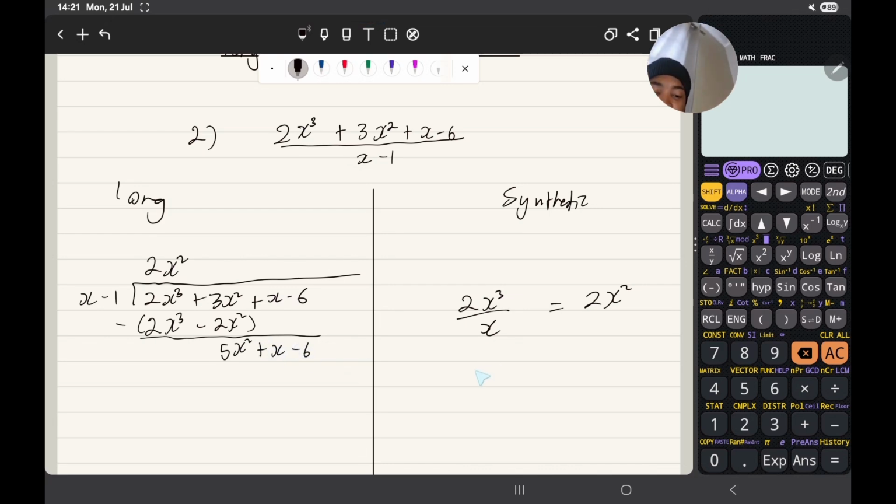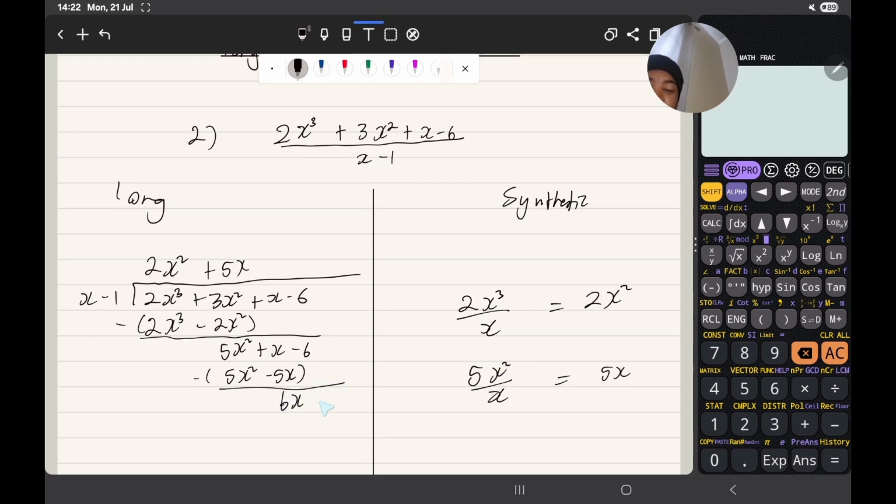And then we go again, 5x squared over x. What do you have there? You have 5x, so plus 5x. You multiply, 5x squared minus 5x. Cool. And then you subtract, 0. x minus 5x, that is 6x.